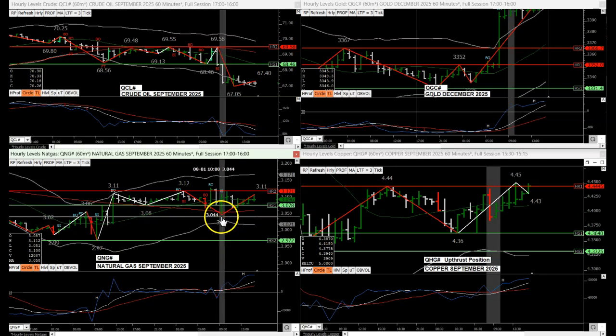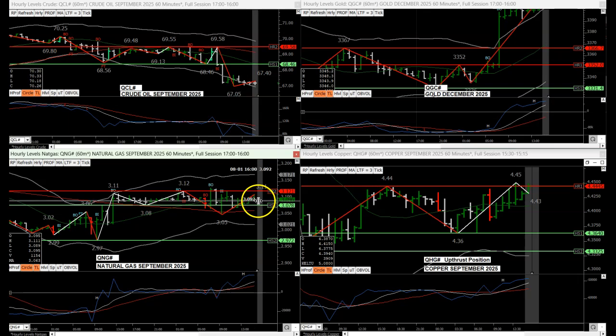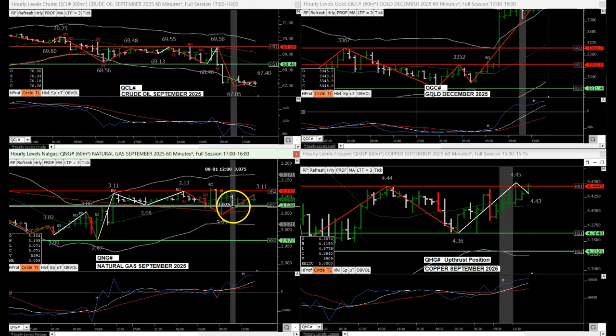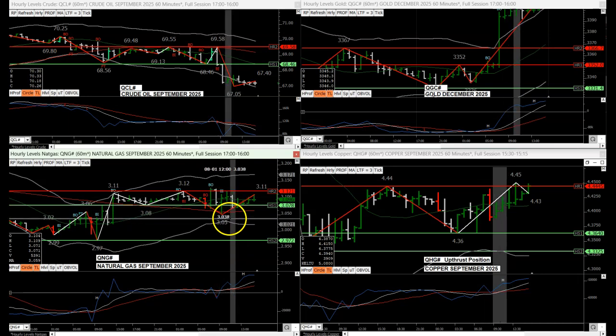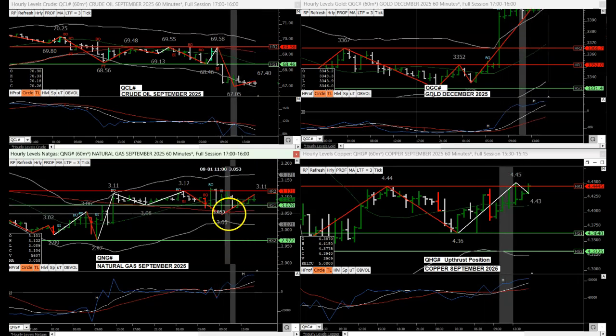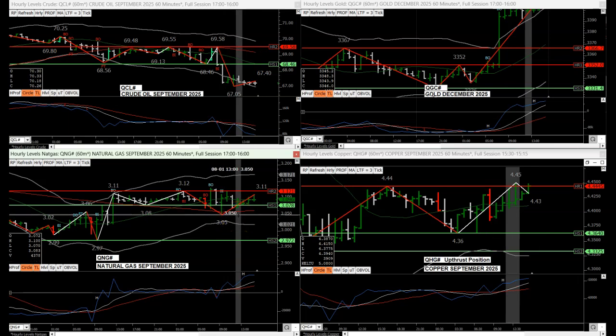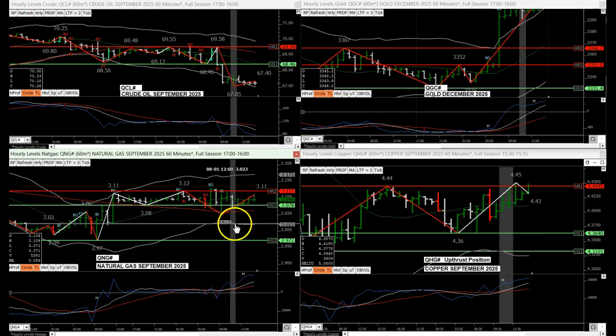Even if you take it from the low pivot, it's 1, 2, 3, 4, 5, 6. 6 green to 1 red. So obviously, even though price is looking like it's consolidating, the green to red ratio favors the green, 6 to 1.